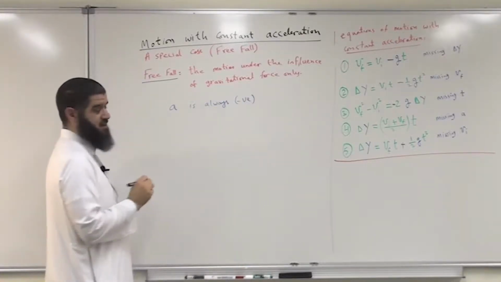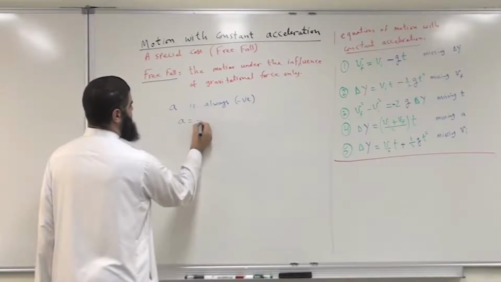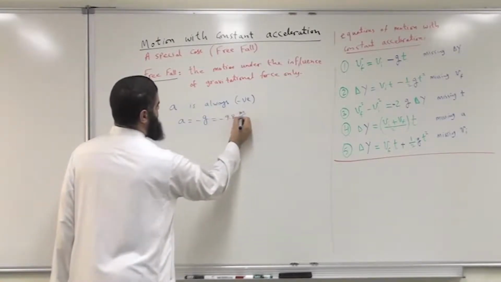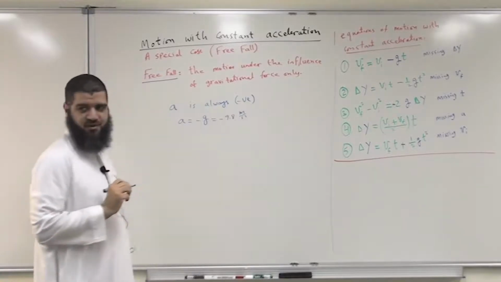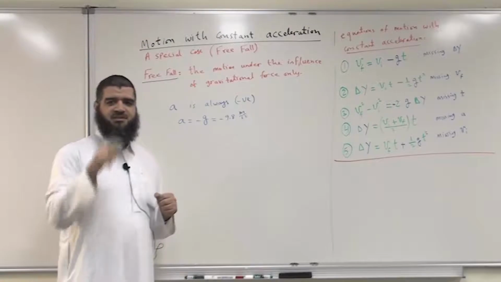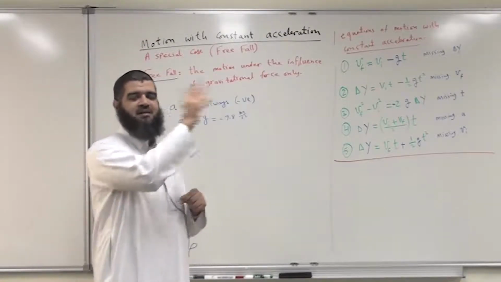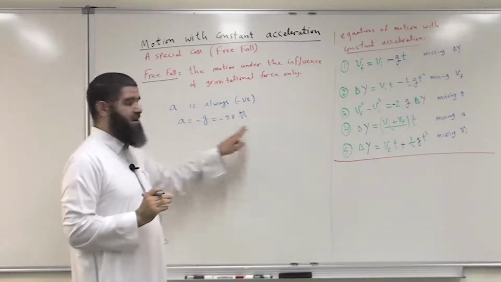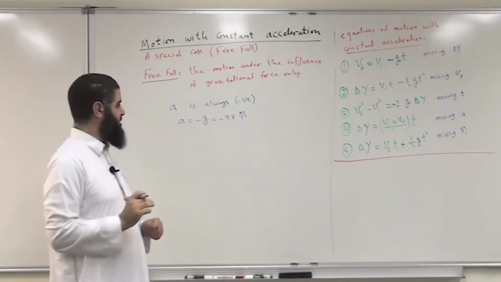Okay, and it has a fixed value. So a is minus g, equals minus 9.8 meter per second squared. So in all cases, in all situations, whether the object is moving down, moving up, or at the highest point, the acceleration during the free fall is minus 9.8 meter per second squared.